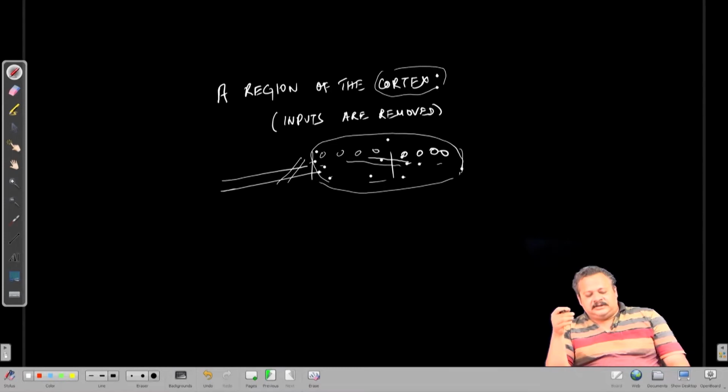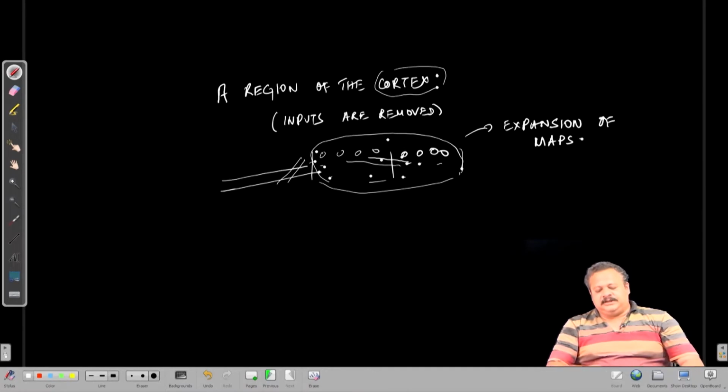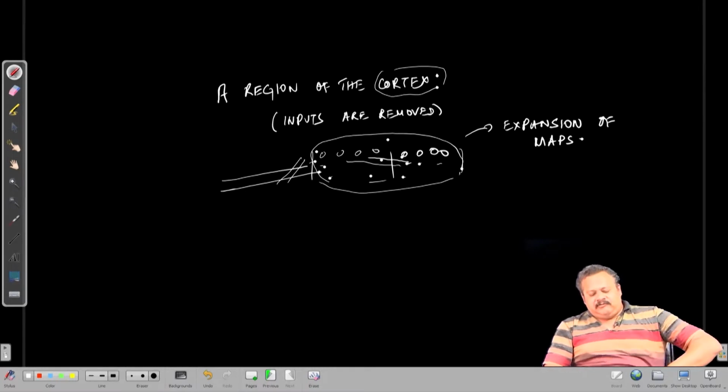So this kind of plasticity is structural and is also sometimes called an expansion of maps.